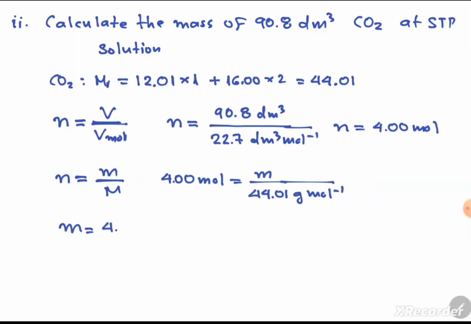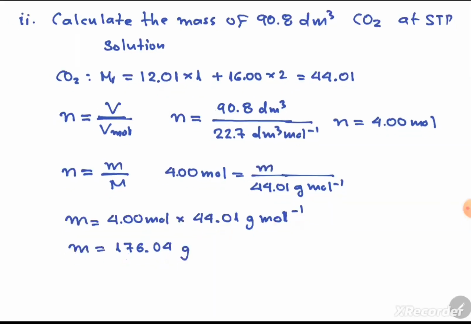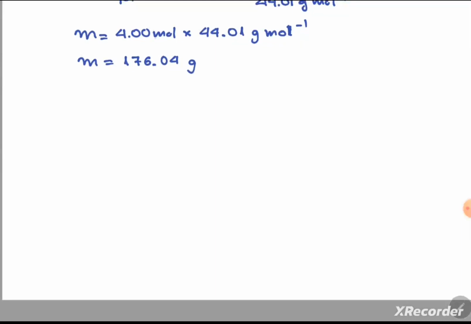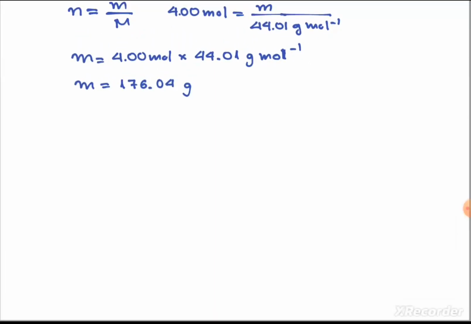Mass is 4 mole times 44.01 gram mole minus 1. So the mass is equal to 176.04 grams. So we succeed the conversion.